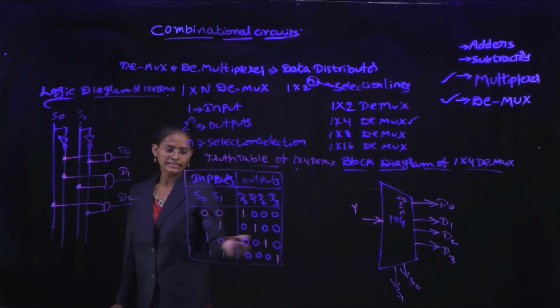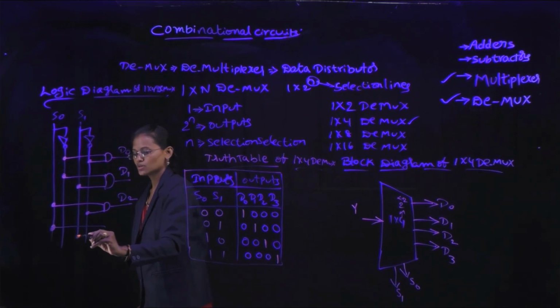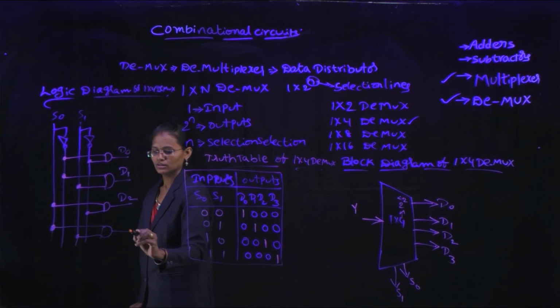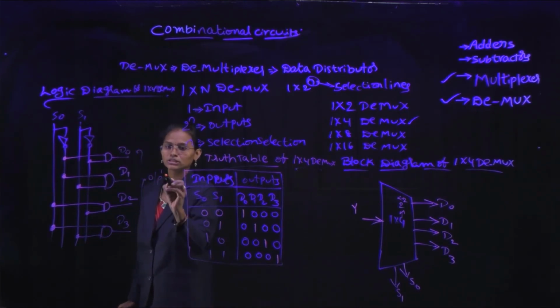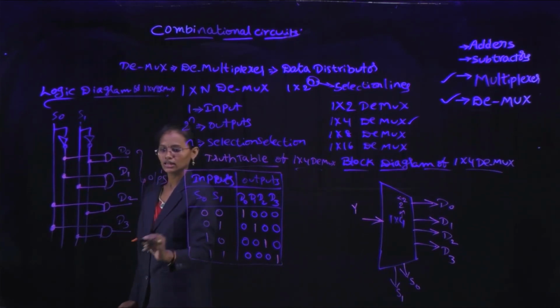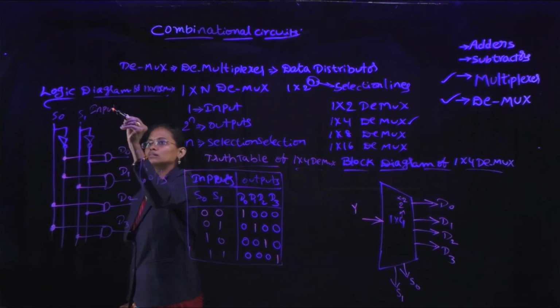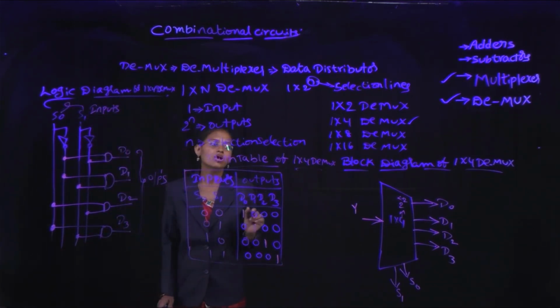And next for D3, S0 is 1 and S1 is also 1 and this is the D3 output. Okay, these are the outputs and these are the inputs. This is overall about the 1 by 4 demultiplexer.